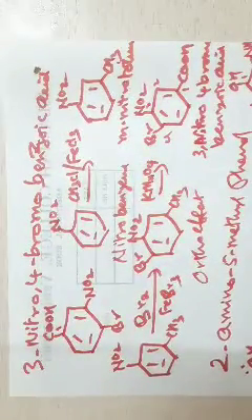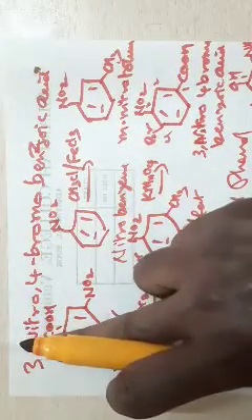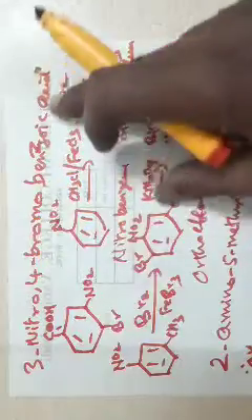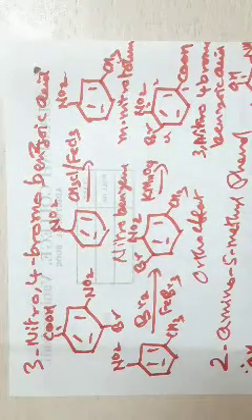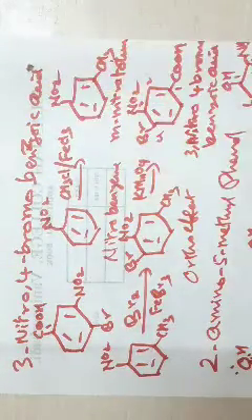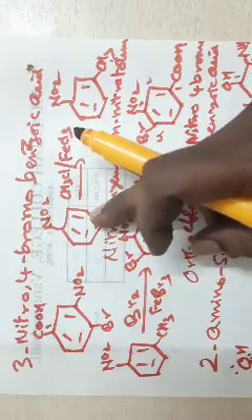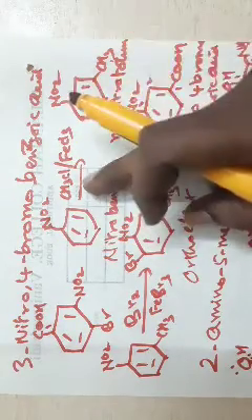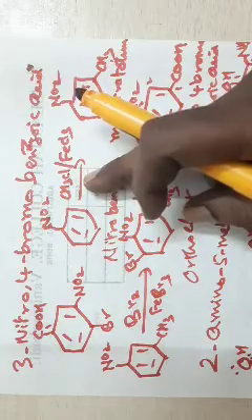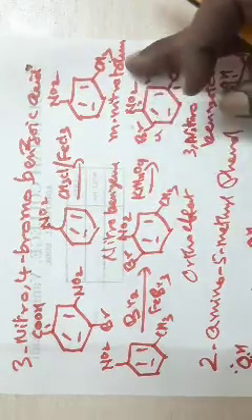First, we started our synthesis with 3-nitro-4-bromobenzoic acid. How can this molecule be synthesized? 3-nitro-4-bromobenzoic acid can be synthesized from nitrobenzene. Nitrobenzene is subjected to Friedel-Crafts alkylation reaction to give you meta-nitrotoluene.